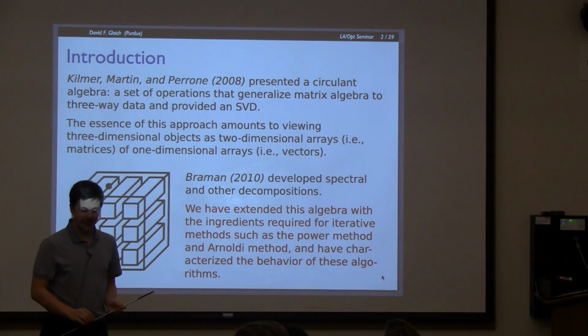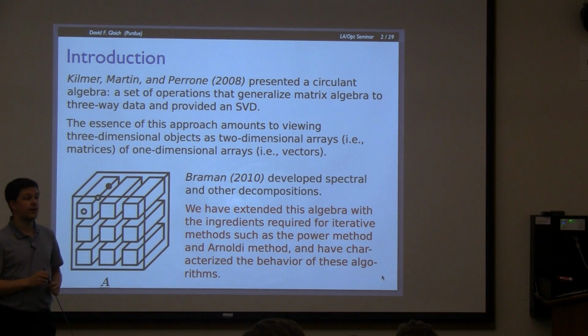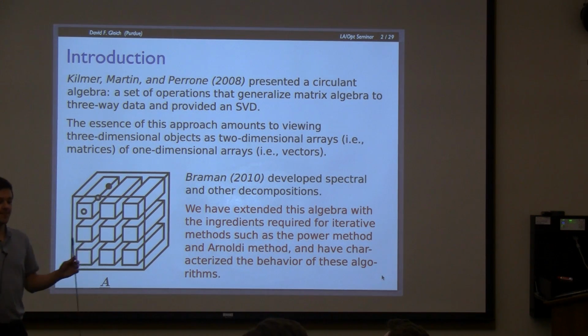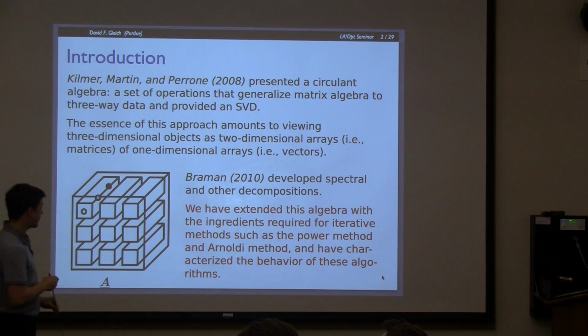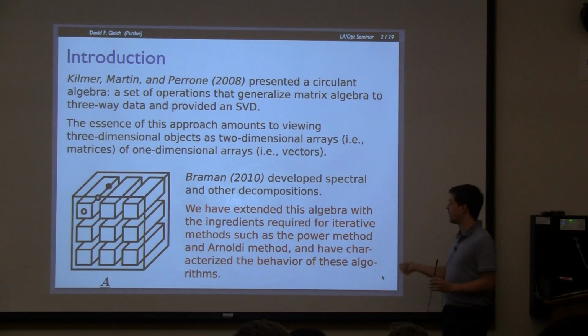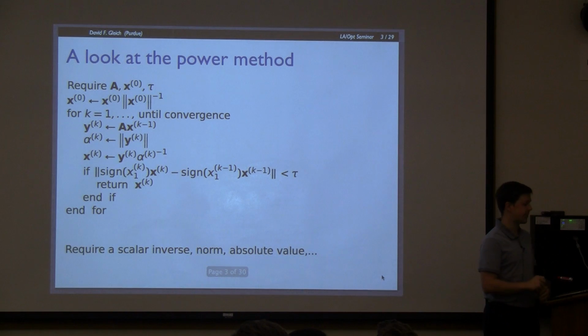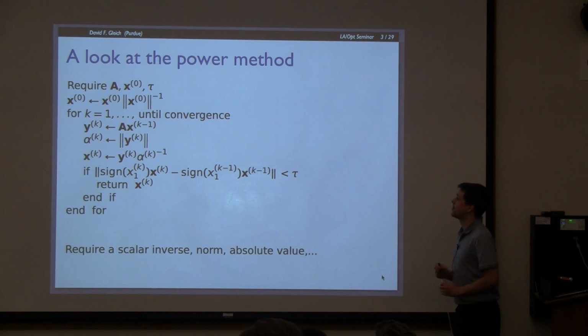So you can almost take an algorithm out of Golub and Van Loan's book now and look at the operations, and there's almost a one-to-one map between those operations and what we have done in the new algebra. So you can do almost everything. So this is why I say it's mathematically beautiful, because everything generalizes in a very seamless way. So what we'll see here is what you need to get up to the power and Arnoldi method, and also some refinements of the existing theory.